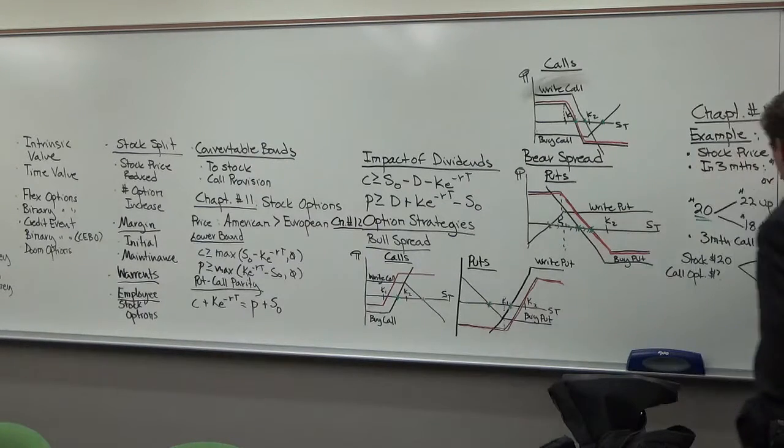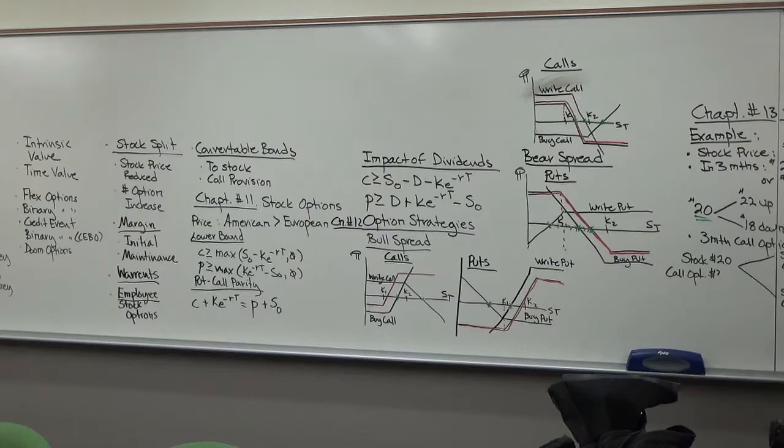In 3 months, it could be as high as 22 or as low as 18. So you want to figure out what the call option price is. At $22, the option price is 1, and at $18, the option price is 0.